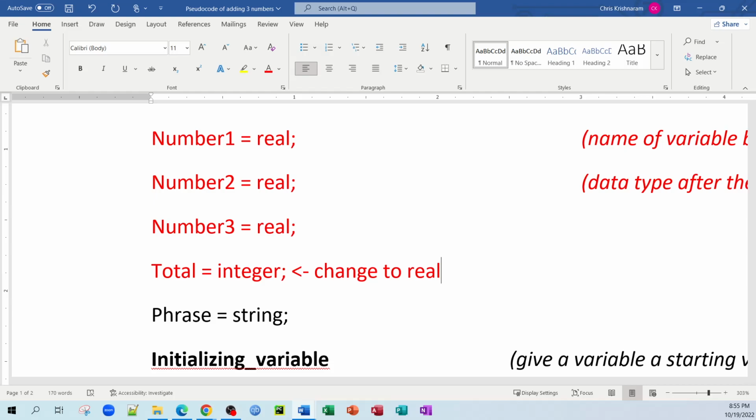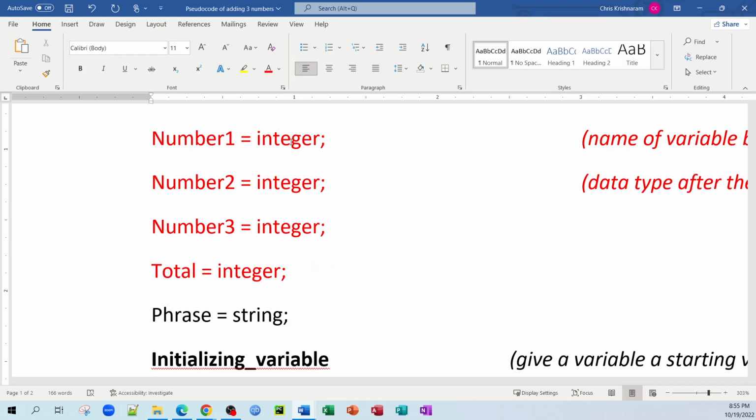Change the real to integer. Very good, that is it. So you change all of these back to integer. So basically, if you notice, when you're doing calculation, you try to keep all of the number data types to one specific data type.